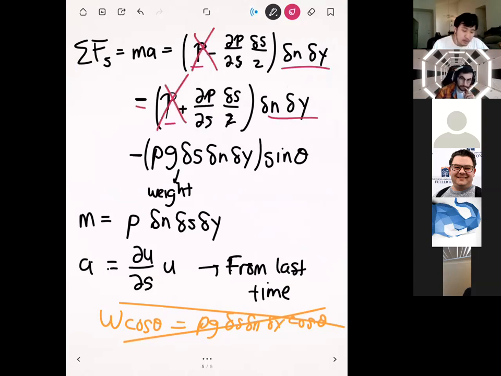Next, we have a minus dp ds, delta s over 2, delta n delta y, and a positive dp ds delta s over 2 dn dy. These two combine together, and then we can get rid of that 1/2. Everything else we'll do on the next page. I just wanted to eliminate that pressure because it's going to be obnoxious to keep around.